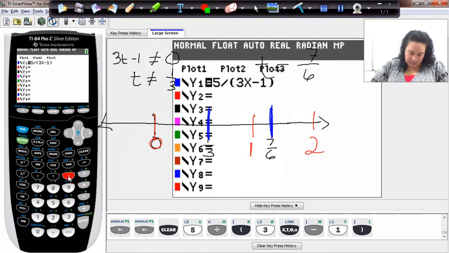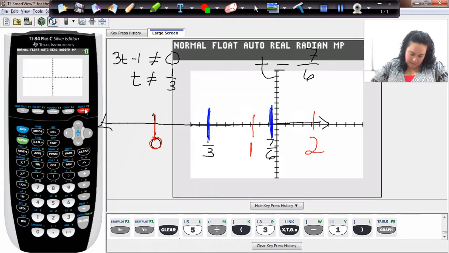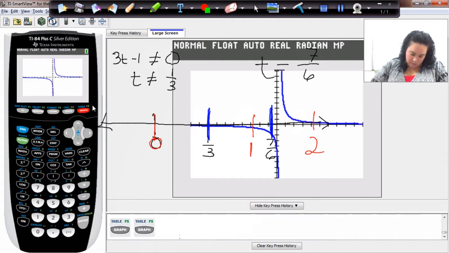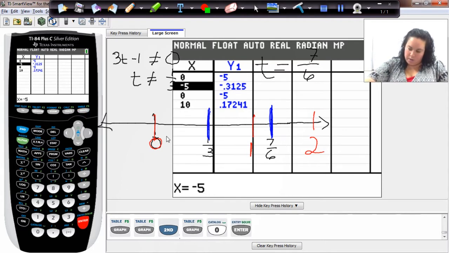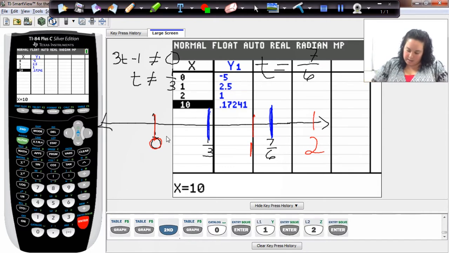And then go back to our table. We want to know, are these numbers less than 2? So we plug in 0 and 1 and 2. And what do we get?